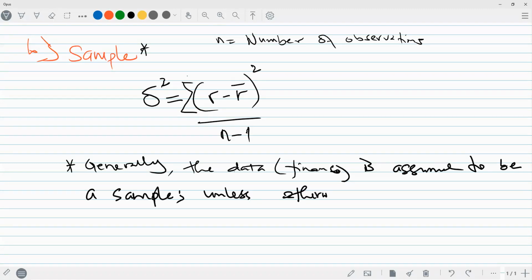So when you're analyzing a data set, we assume that it is a sample, it is not a population. So in case you're given the share price for a particular company and you're not told whether this is a sample or a population, generally we assume that it is a sample.